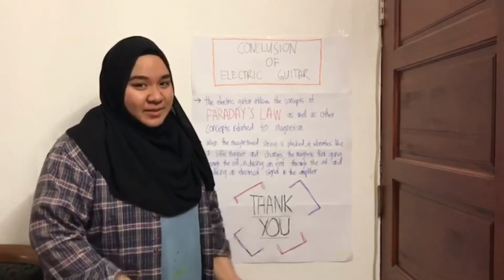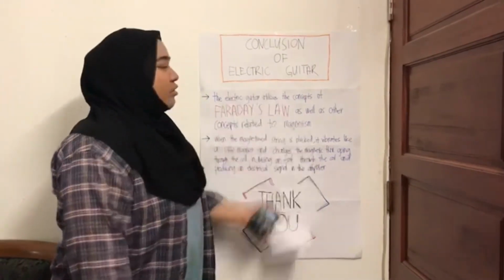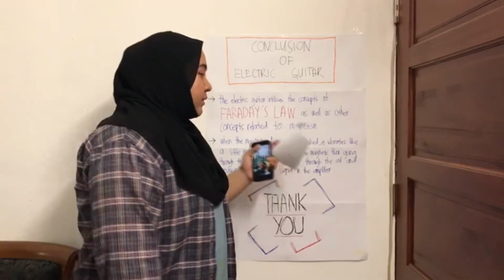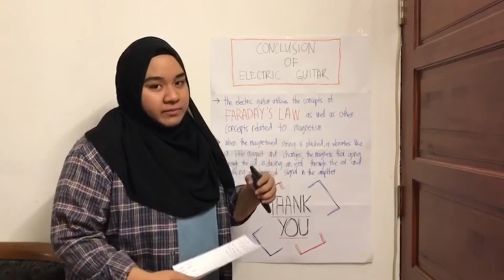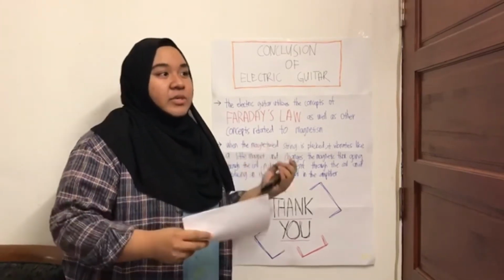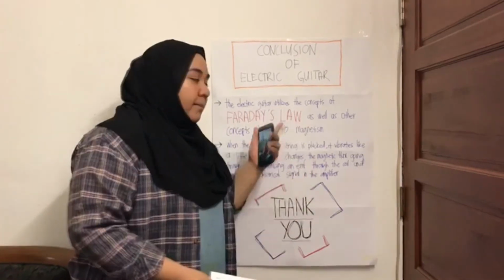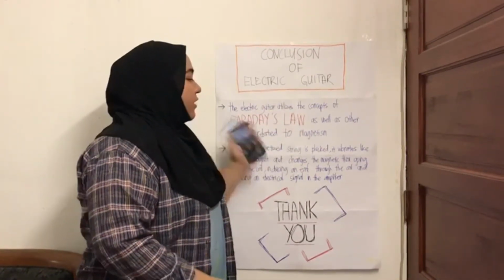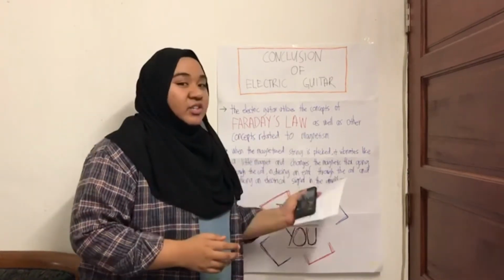Hi, my name is Lily binti Abdul Malik, and today I'm going to make a conclusion on the electric guitar. We know that the electric guitar is different from other guitars, which only vibrate to make a sound. But the electric guitar utilizes the concept of Faraday's law as well as other concepts related to magnetism.